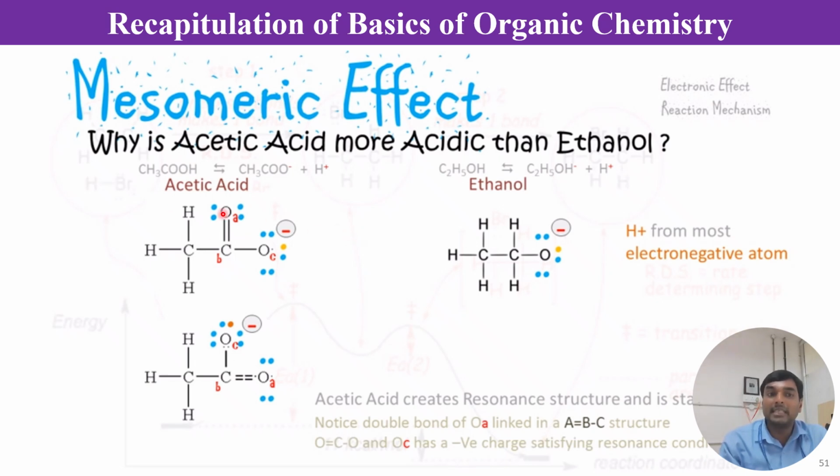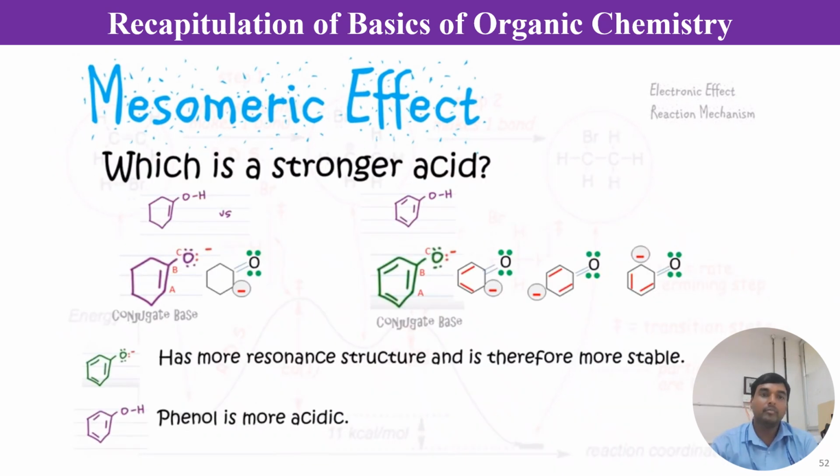In the case of acetate, because of the carboxylate ion, the negative charge can move between the two oxygens, whereas in the case of the ethanolate ion, there is no possibility of electron movement. So that's why the acetate ion is more stable than the ethanolate. A more stable conjugate base means acetic acid is the stronger acid.